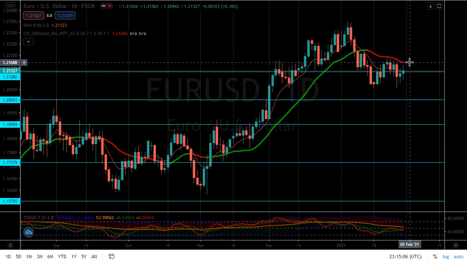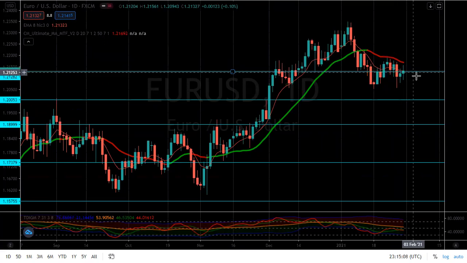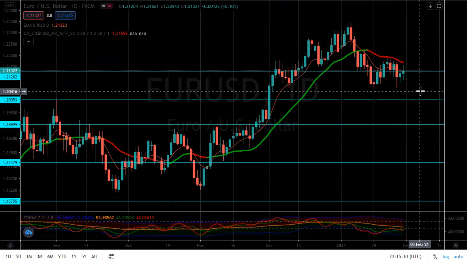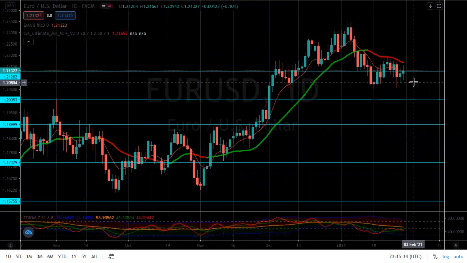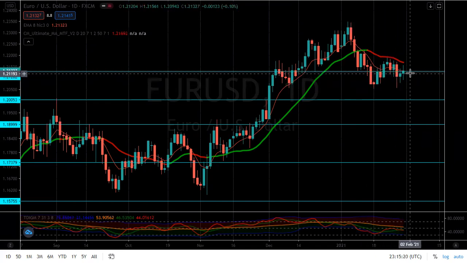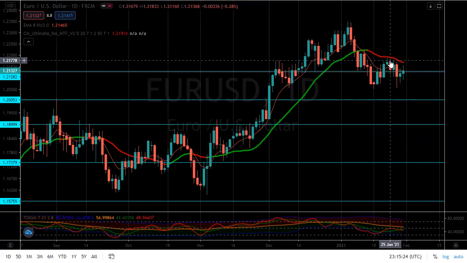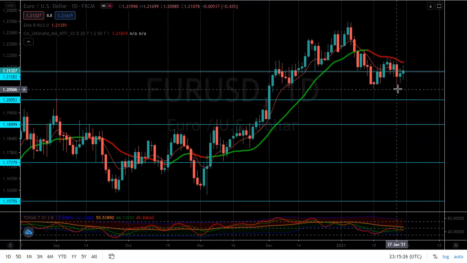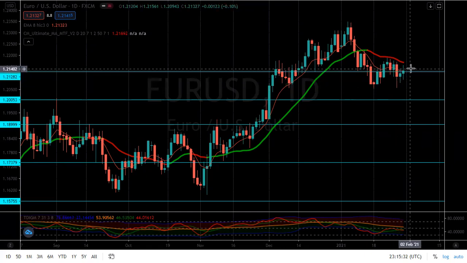Now, for this pair, I would want to be bearish here. Somehow we've made a new low, then a higher low. This is more like a double bottom for us to go higher.